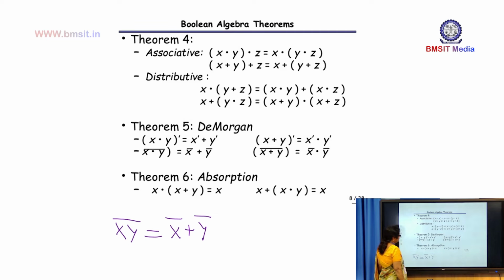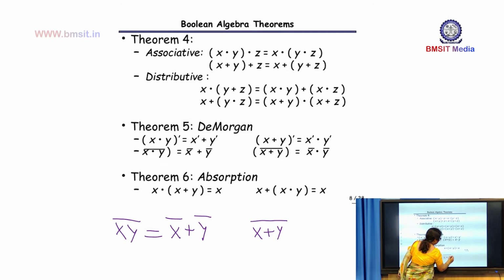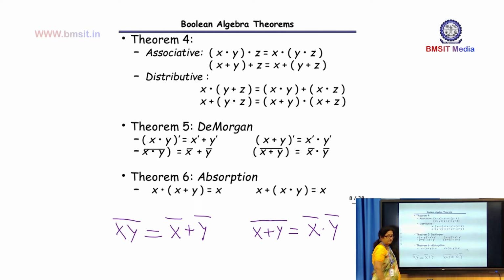So this is the first statement. Now according to the second statement, the complement of the addition of two variables, (x plus y) bar, should be equal to the product of the complements, that is x bar into y bar.